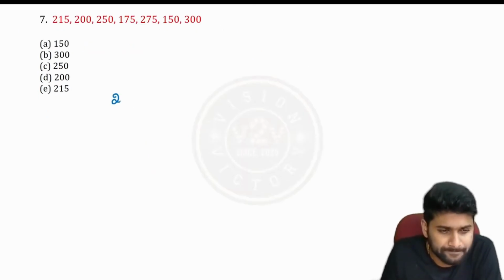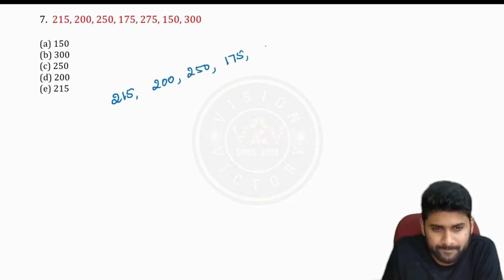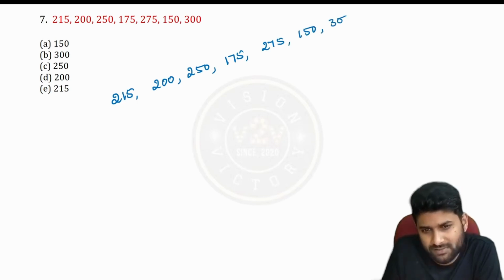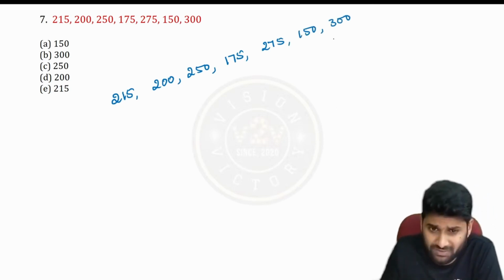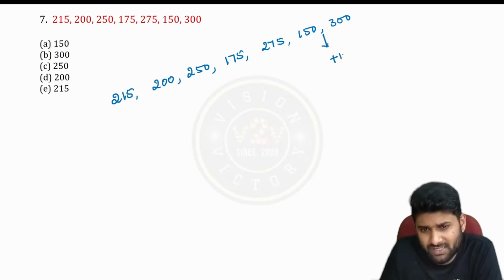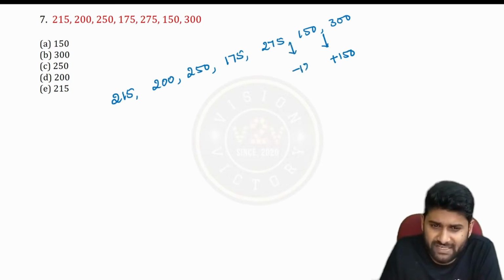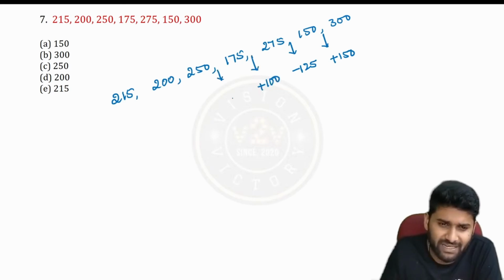Next one. See, out of all these numbers, which one is the odd one out? Which one is the wrong number? Now you can see it's a difference of 150. Now it's a decrease of 125. Now again it is an increase of 100 units. So definitely it must decrease by 75 units.